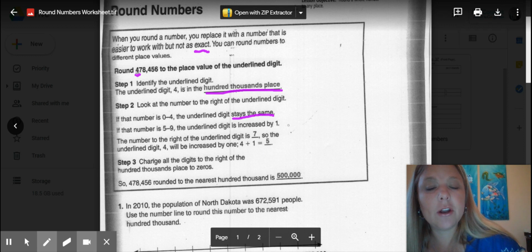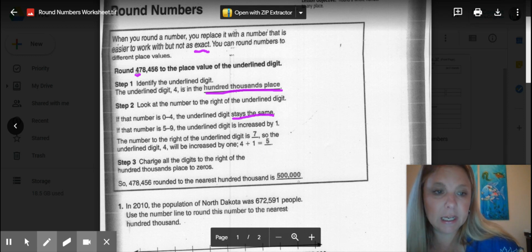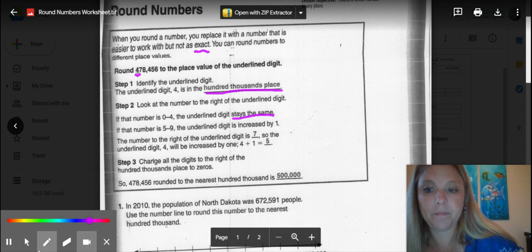In this example, the 7 is the neighbor of the 4. The 7 is higher than 5, which forces that 4 to go up 1, which makes it a 5. So this number would turn into 500,000 because all of the numbers to the right of the underlined number need to be turned into zeros.